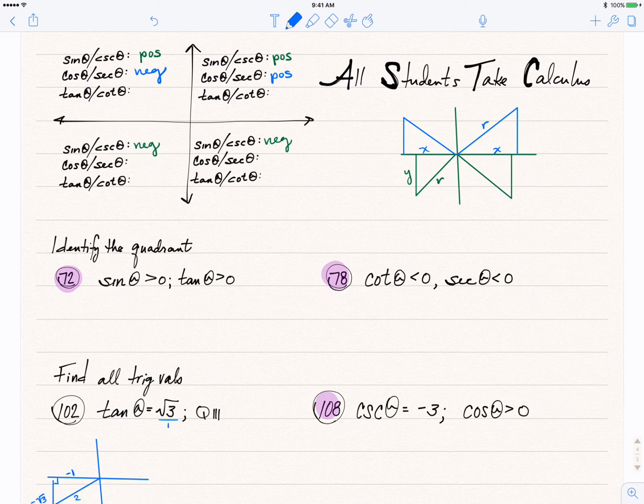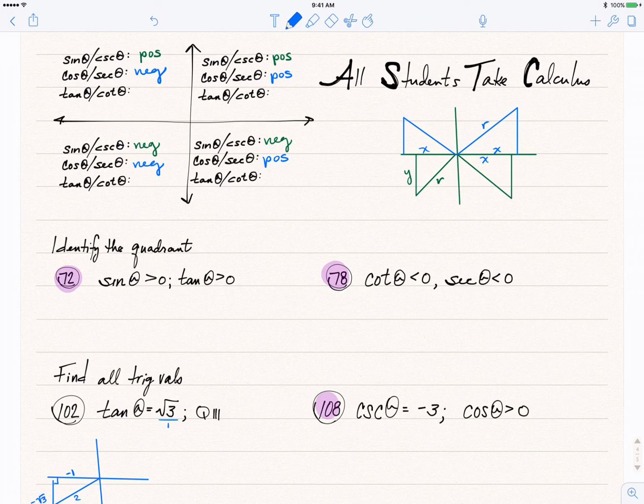Third quadrant, I still have an x value that's going to the left, so it'll be negative. Cosine will be negative as well as secant. And then if you go back to the fourth quadrant, I have a positive x value. It's going to the right, so my cosine values will be positive.